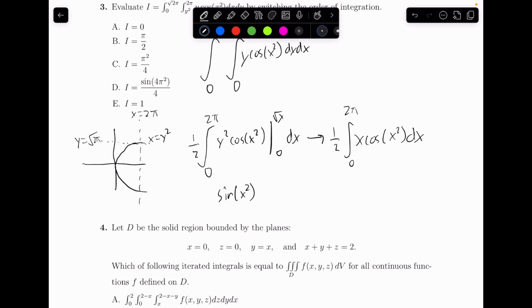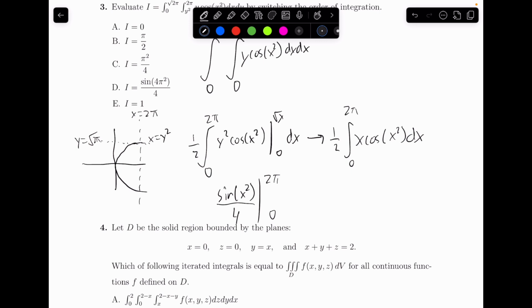If we differentiate that, we're going to get 2x cosine x squared. And that's almost exactly what we have here, but it's multiplied by 2. So if we divide by 2, that's going to be our proper integral. And don't forget, we have to divide by actually 4 because we already have the 1/2. So we divide by 2, and then we multiply by 1/2. And then we evaluate that from 2 pi to 0.